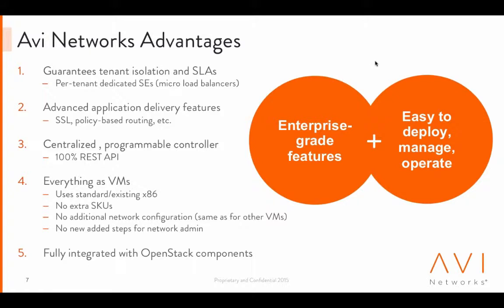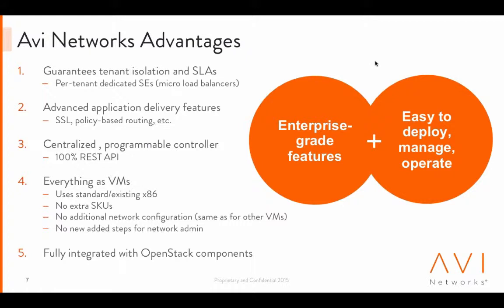It has the enterprise-grade features, plus it's very easy to deploy, manage, and operate. We guarantee tenant isolation by doing per-tenant dedicated service engines. We have different deployment options if you have a different model in mind. And we have advanced application delivery features like SSL, policy-based routing, etc.